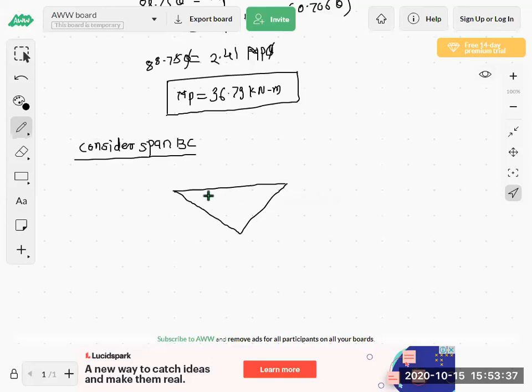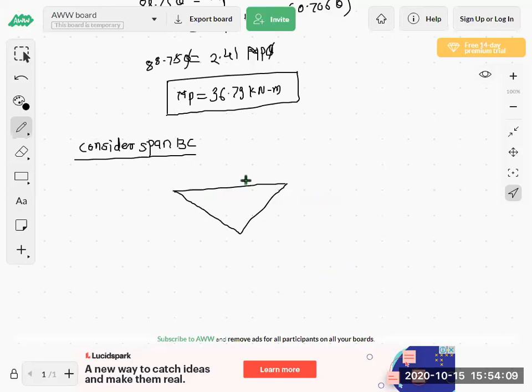Okay, now tell me, for this span, where will the load act? This UDL, where will it act? As I have given in note 1 and note 2, please read note 1 and note 2 given in the last lecture.